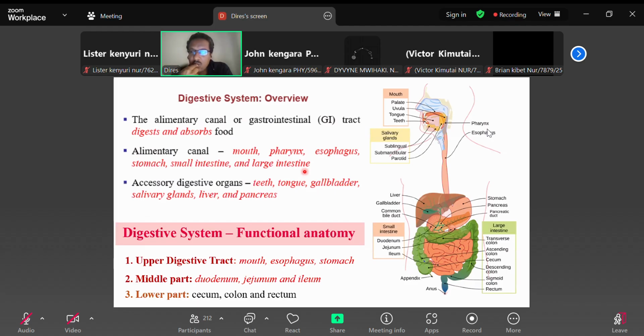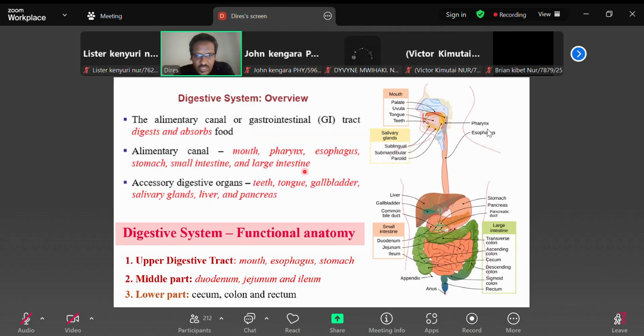You start from the mouth, oral cavity here, and you go to the esophagus here. Then you have stomach, you have the intestine, small and large, rectum, and so this is a tract, a canal.